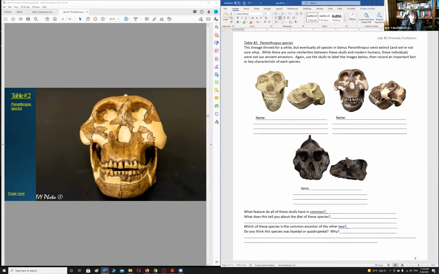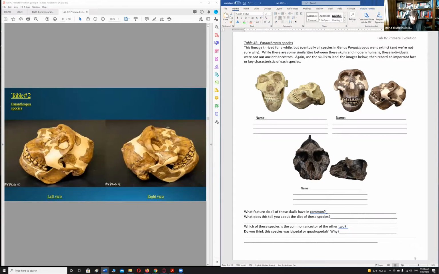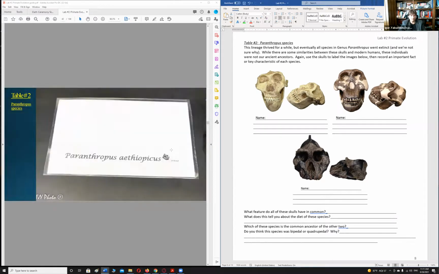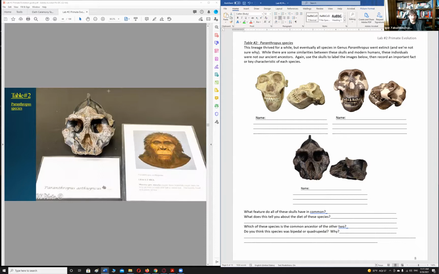It has a very flat face, a very strong brow ridge and also a sagittal crest, and the huge lower jaw tells us that most likely it was a vegetarian. Plant diet. And this is the Ethiopicus, sometimes referred to as the black skull.